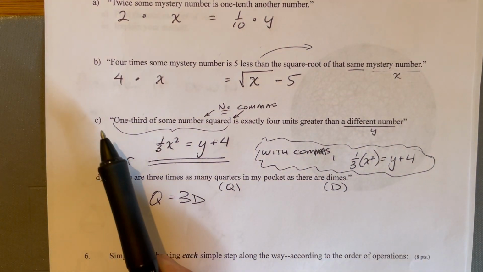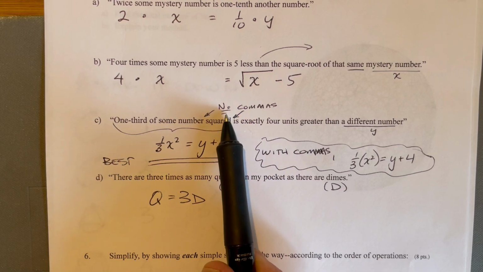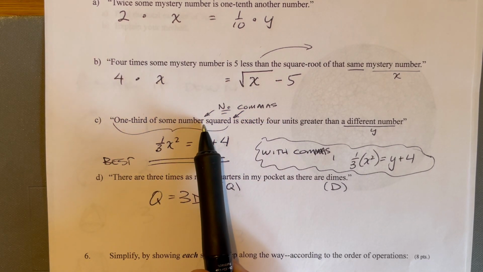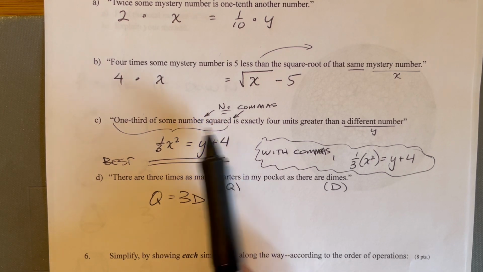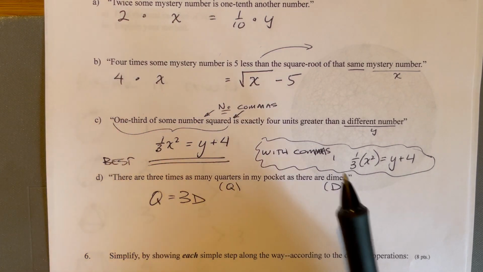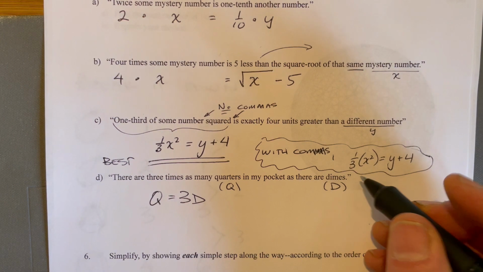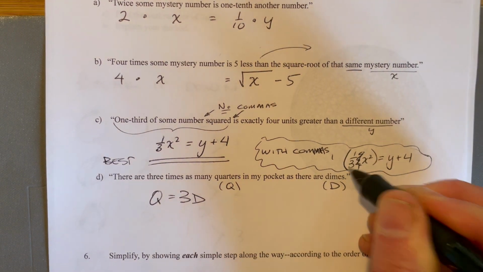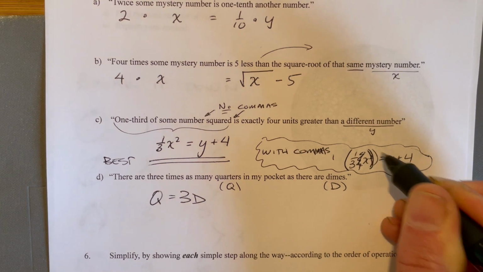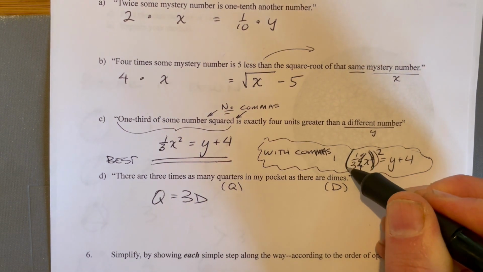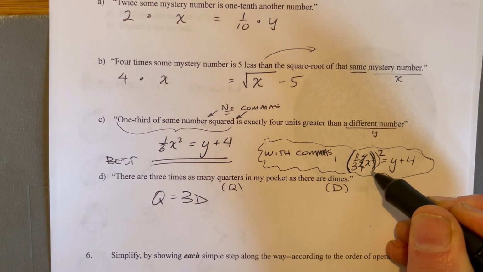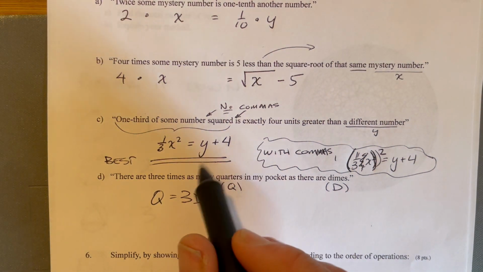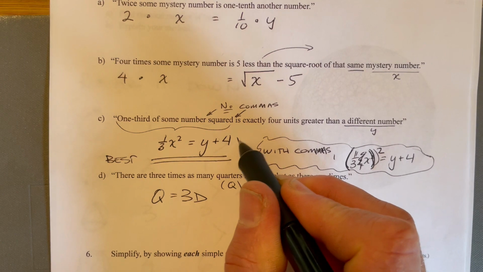Just be careful that sometimes grammar is really important when it comes to punctuation. 1/3 of some number, comma, squared would be, you take 1/3 of some number, oops, and then I think with commas, I actually got that wrong again. I'm glad I'm catching my mistakes. 1/3 of some number, comma, squared would mean you'd take 1/3 of that number and then you'd square that and then you'd get this. But there are no commas, so this is still the correct right answer.